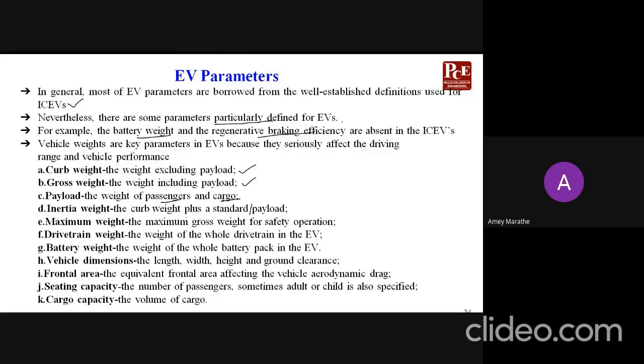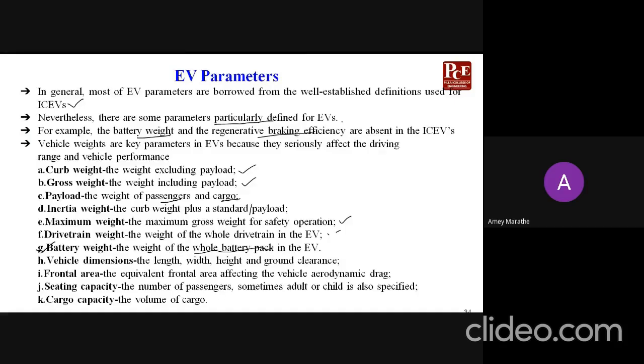Inertia weight is the curb weight plus a standard payload. Maximum weight is the maximum gross weight. Drivetrain weight is the weight of the entire drivetrain of the EV. Battery weight, which is not defined in IC engine vehicles, is the weight of the whole battery pack. First we need to learn how to design a battery pack, and then we will talk about the weight.